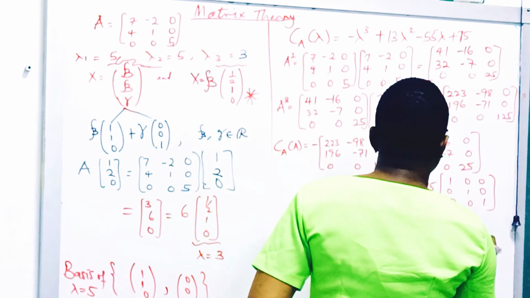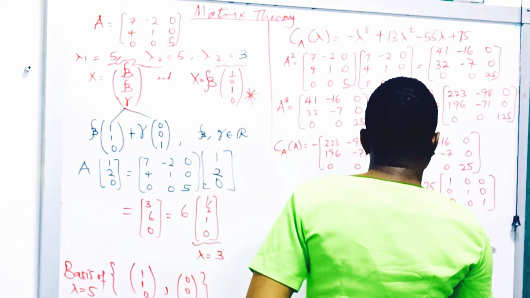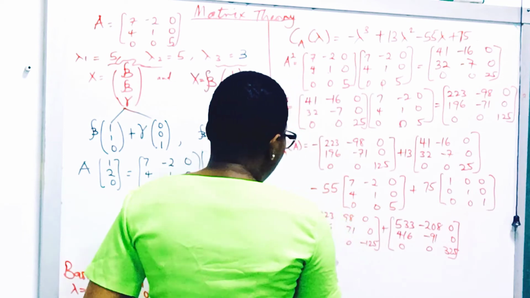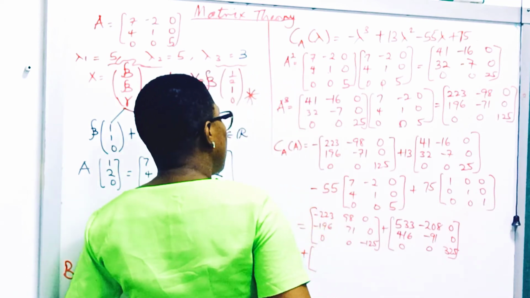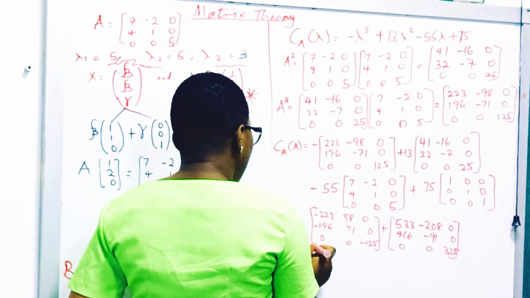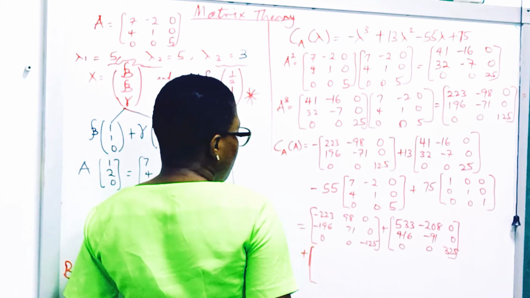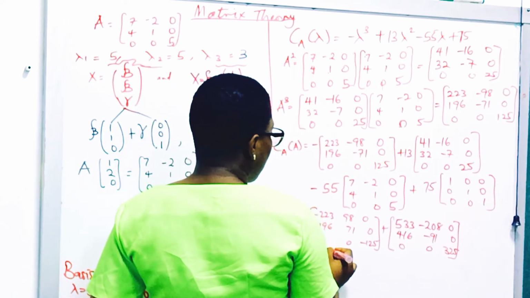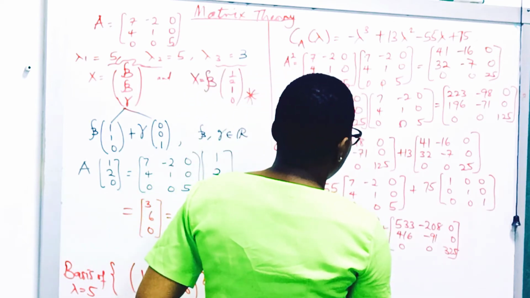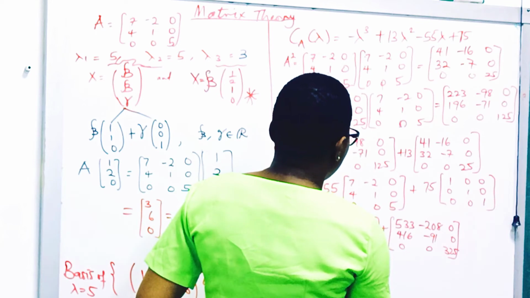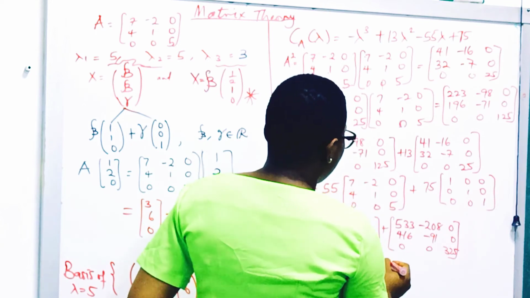Minus. Okay, I want to do the plus because I don't want them minus. Plus this times this. Minus 5 times 7, 385. Minus 385 plus 110. Minus times minus is plus. 0.